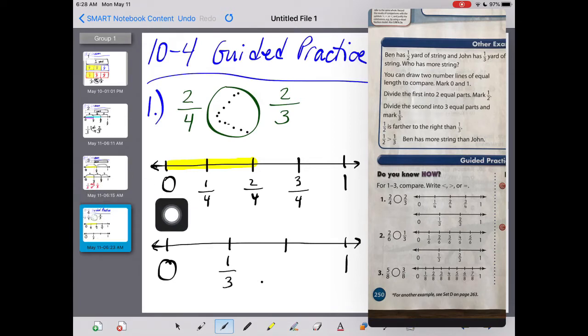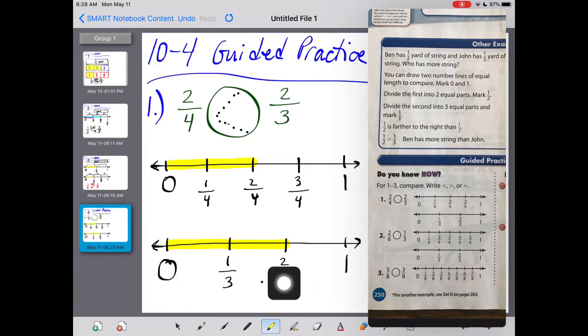So we go 1, that's 1/3, 1, 2, that's 2/3, 1, 2, 3, 3/3, or 1 whole. And we're going to go 2/3, 2 pieces out of the 3. So go 1, 2. And look at that.